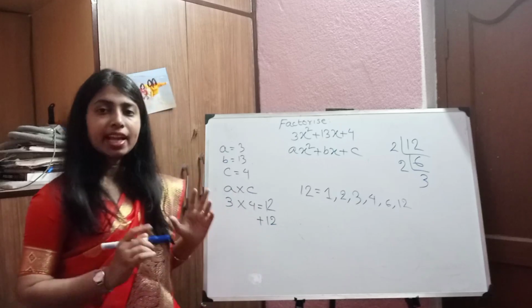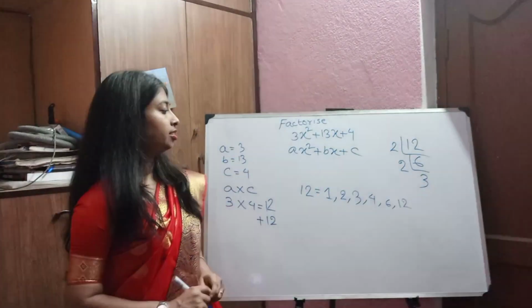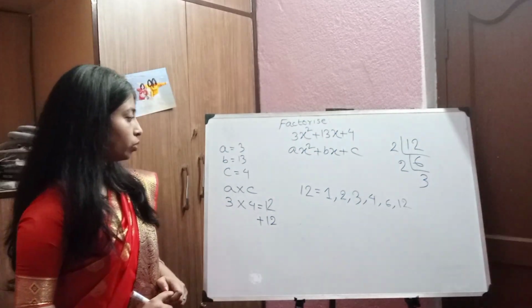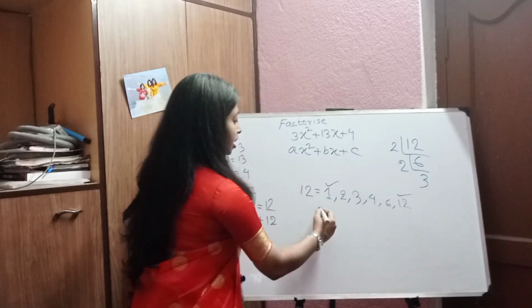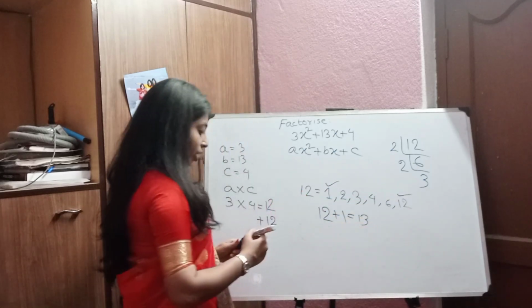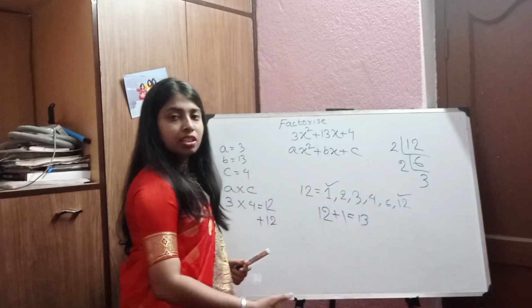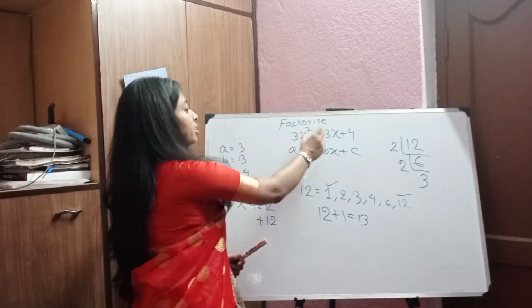So, we have to choose any two numbers among all these factors which on adding will give us 13. So, let's find out. We have 1 and we have 12. If we add 12 plus 1, we get 13. You can check all these factors. You can combine any two numbers and add and see whether 13 is coming.